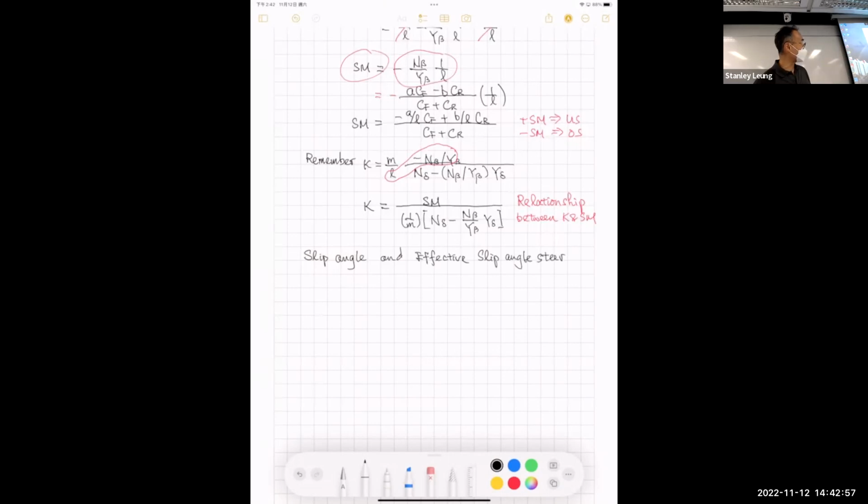So just the slip angle steer and the suspension slip angle steer, how do these two relate?